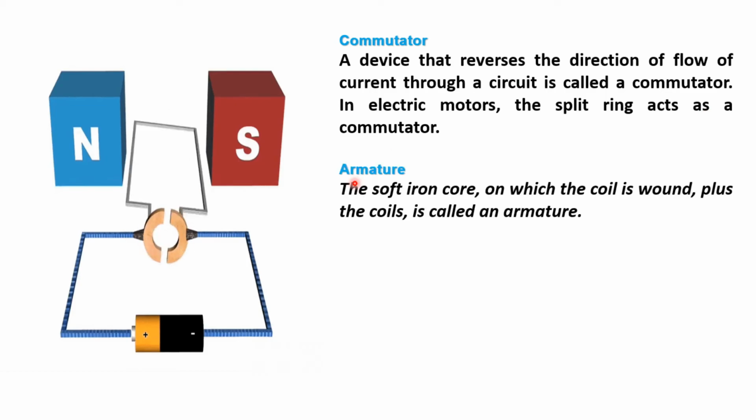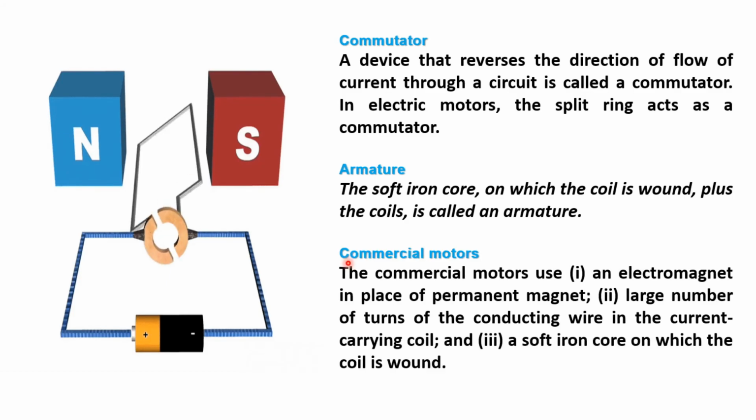Next is armature: a soft iron core on which the coil is wound, plus the coil, is called an armature. So this is the coil, and over here the soft iron is placed. So this whole will be called the armature. We must know regarding commercial motor.